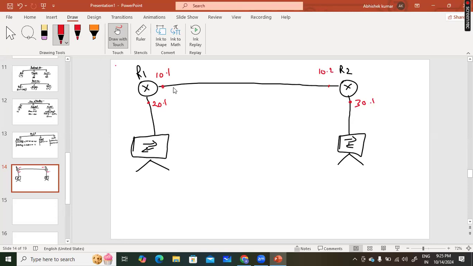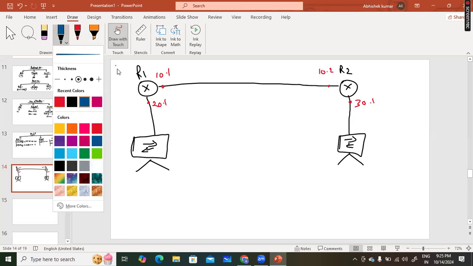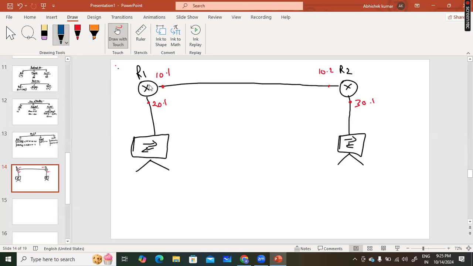If I enable OSPF, make sure whenever we enable OSPF, we have to enable an area as well. We'll discuss what OSPF areas are later. So now I'm writing OSPF area 0. The moment OSPF area 0 is enabled on router 1, what will it do?